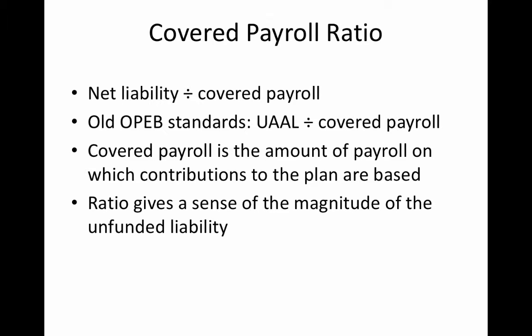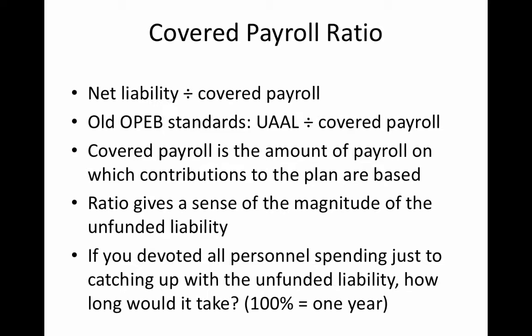overall financial activity. So if you've got a ratio, like we just looked at on that OPEB schedule, showing the unfunded OPEB liability to covered payroll of like 400%, I mean, 4 times the total payroll related to OPEB. So 4 years' worth of payroll would be required to catch up with that liability.